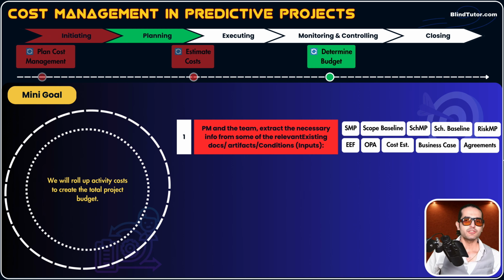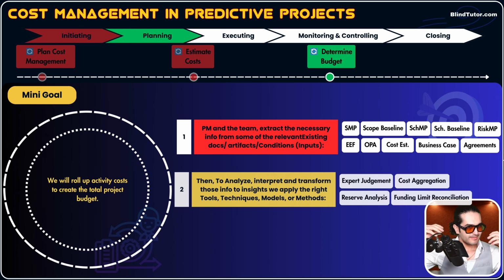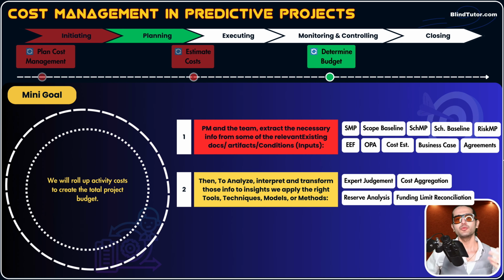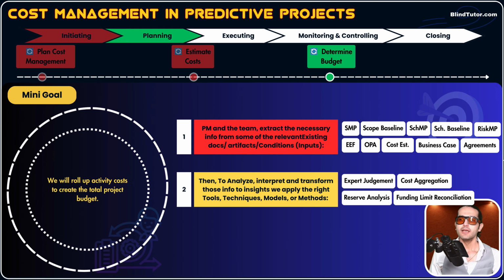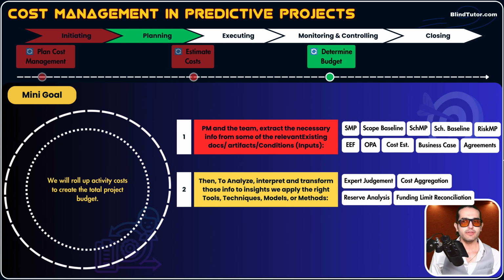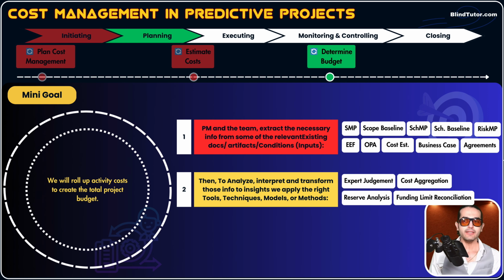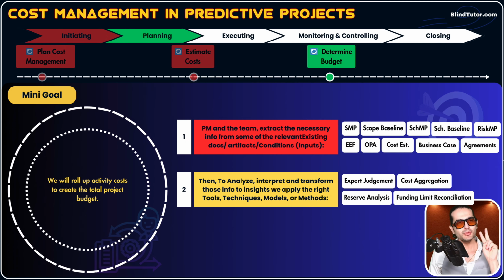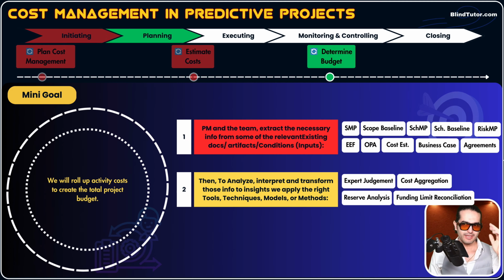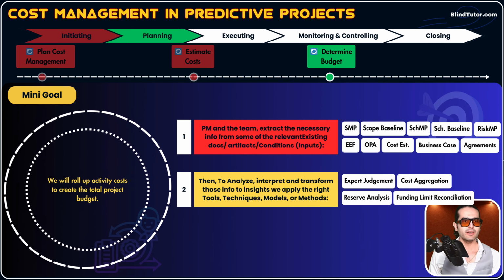Then to analyze, interpret, and transform that extracted information into insights, we apply TTs, tools and techniques, guys. Expert judgment, cost aggregation, reserve analysis, and funding limit reconciliation. We're going to have two new tools and techniques, cost aggregation and funding limit reconciliation.